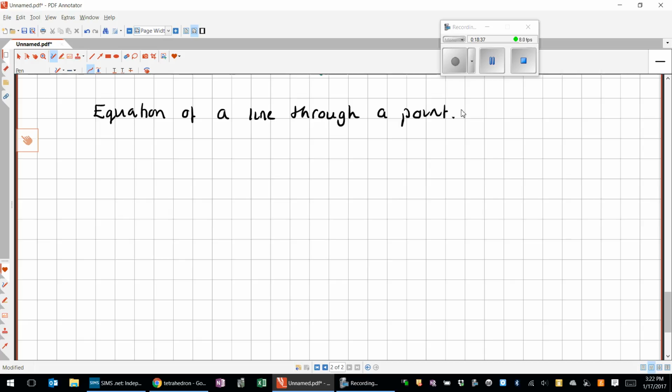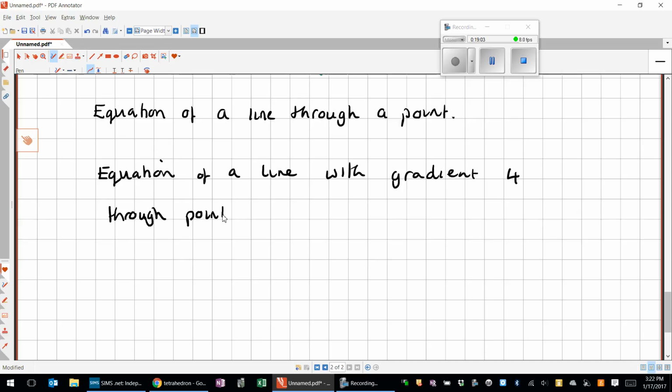Okay? So, I'm going to start with a basic situation, which is, what is the equation of a line with gradient 4 through point 8, 12.